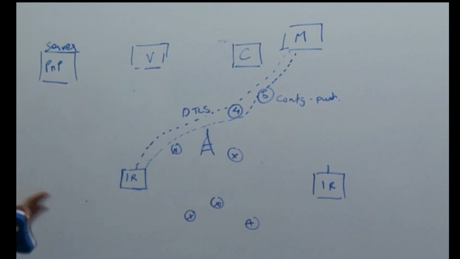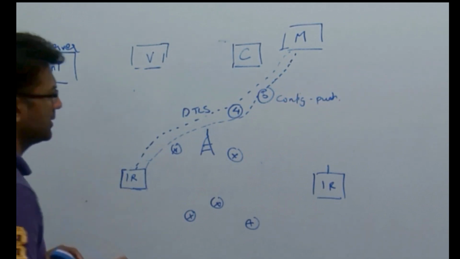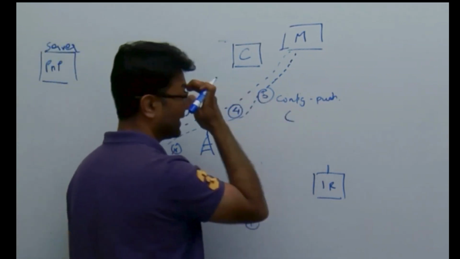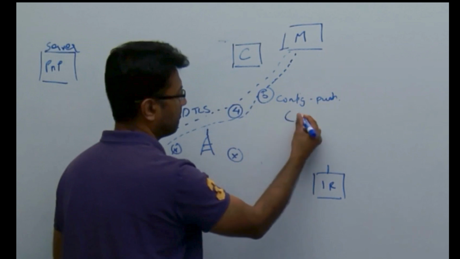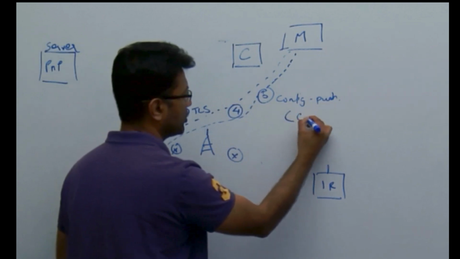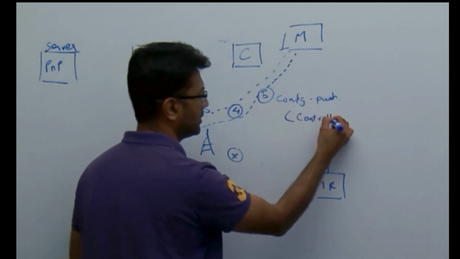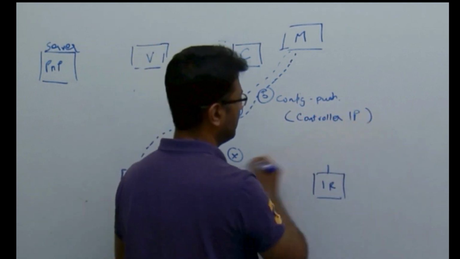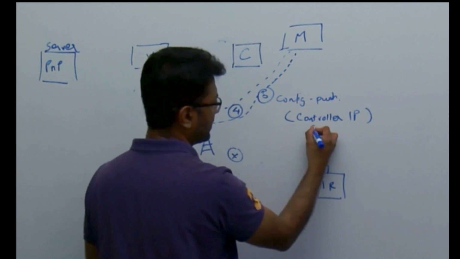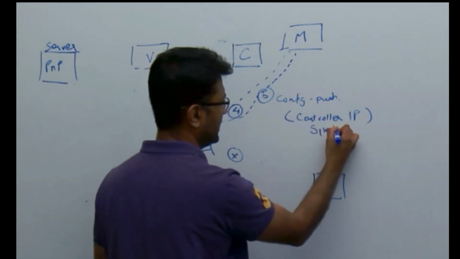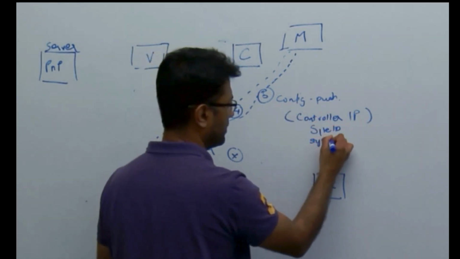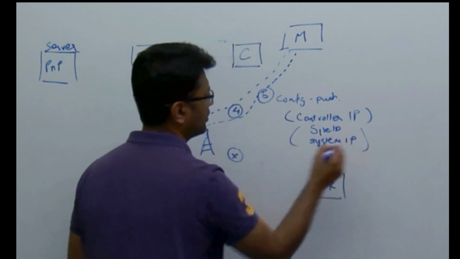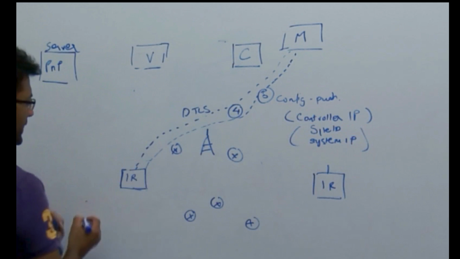In this config push, the main thing we will be getting is the controller IP or hostname. We've also configured, through the configuration mechanism or templates, the site ID and the system IP, and that's been pushed down to the router. So now it has a site ID.